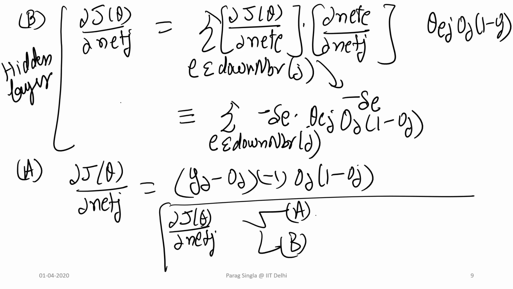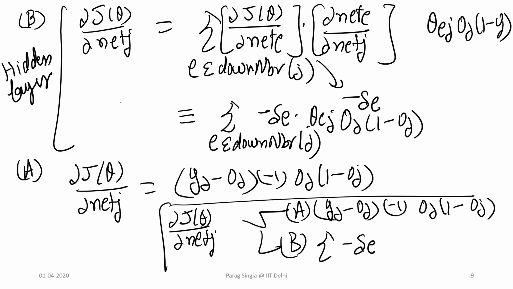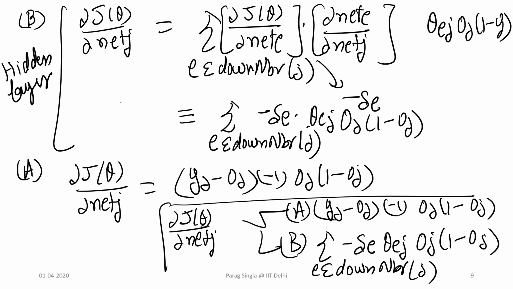This is given by YJ minus OJ into minus 1 into OJ into 1 minus OJ, and for the hidden layers this is given by summation of minus delta L into theta LJ into OJ into 1 minus OJ, where L belongs to down neighbors of unit J. Okay, and here we have used the fact that delta L is minus delta J theta over delta net L.